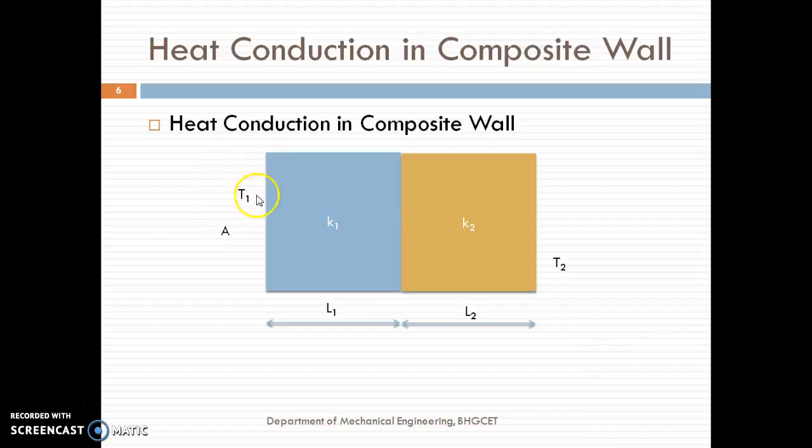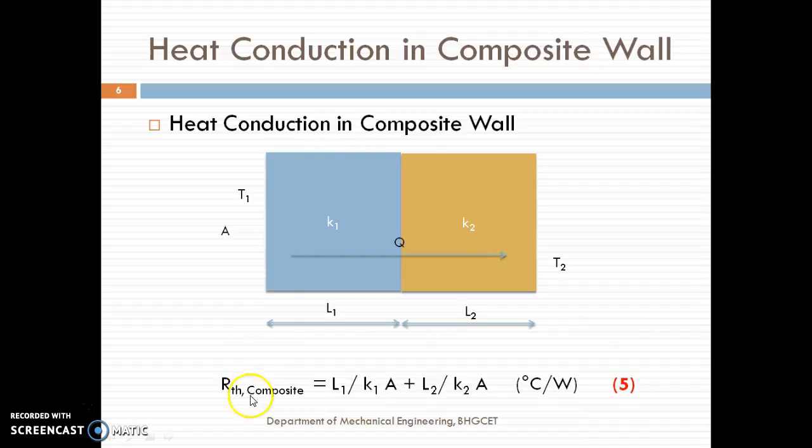One side is maintained at temperature T1, the other side at temperature T2. Let us assume that T1 is greater than T2, and because of that, heat transfer takes place in the direction of decreasing temperature.